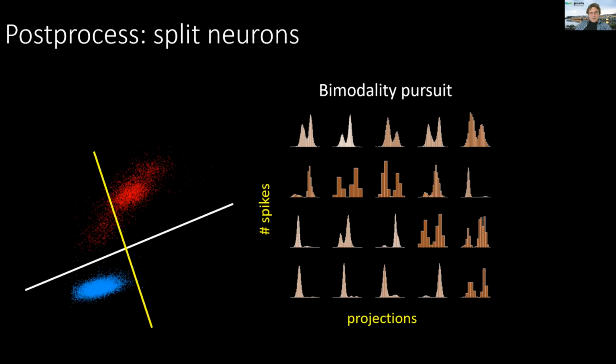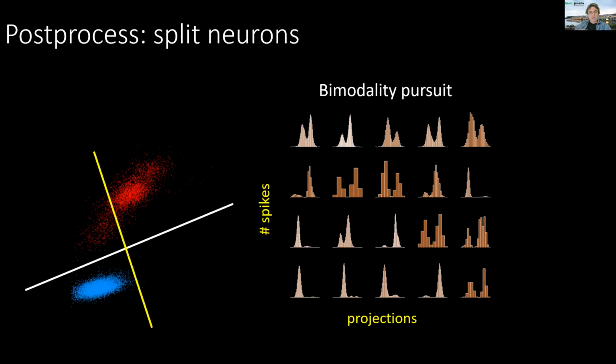In Kilosort 3, the algorithm we developed is essentially an improvement on this splitting approach, where instead of just splitting neurons at the very end as a post-processing step, it's splitting all the way, starting with all the neurons.